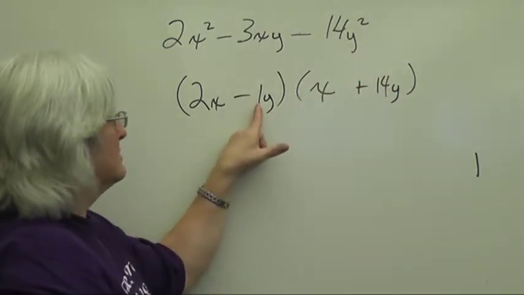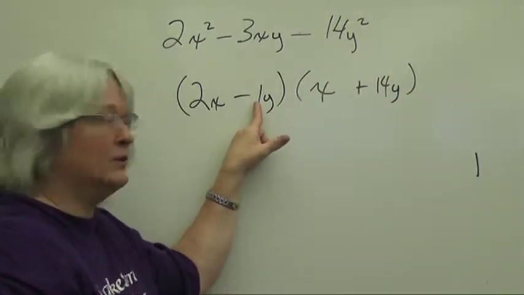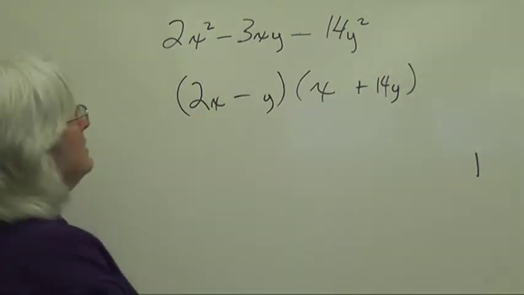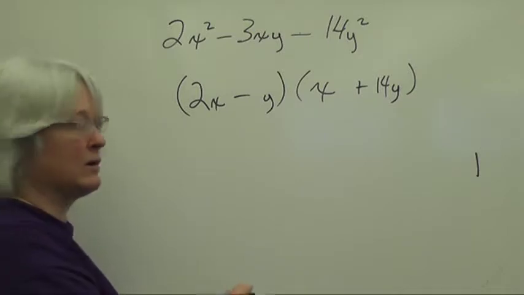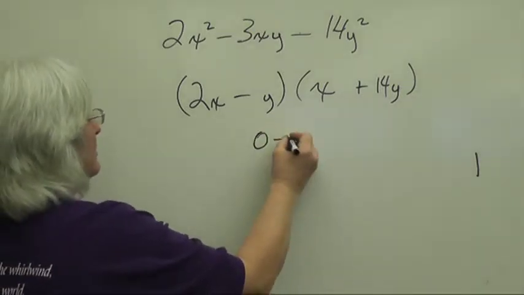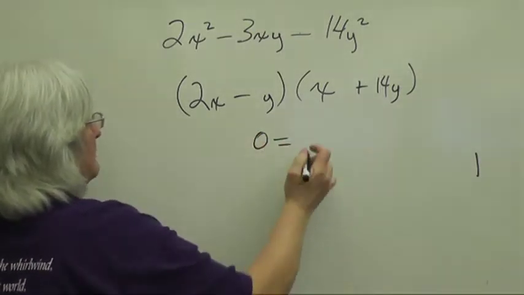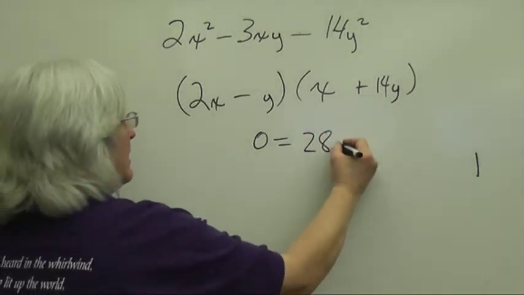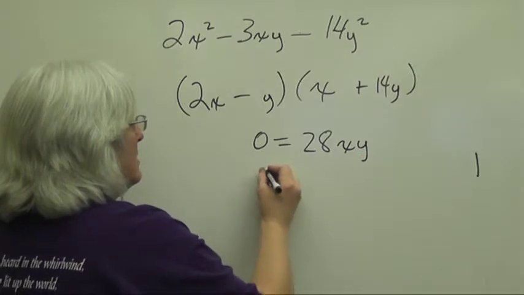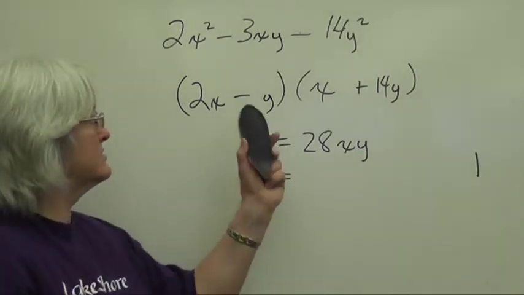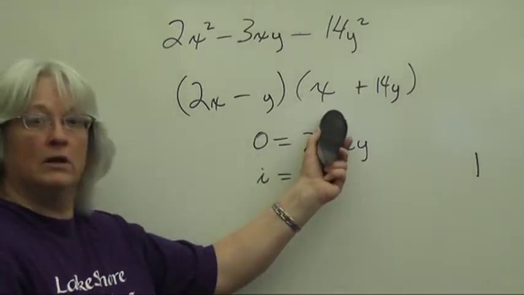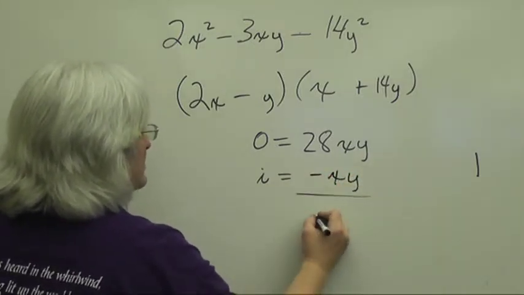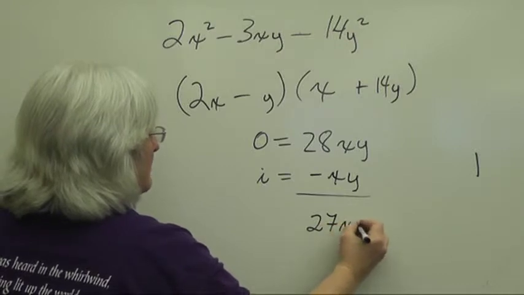Remember, we don't write the understood 1 in front of the variable. See what happens. What's our outer product equal to? 2x times 14y. Well, you can already tell this isn't going to do us any good. 28xy. Our inner product is negative y times x. That's negative xy. And their sum is 27xy.